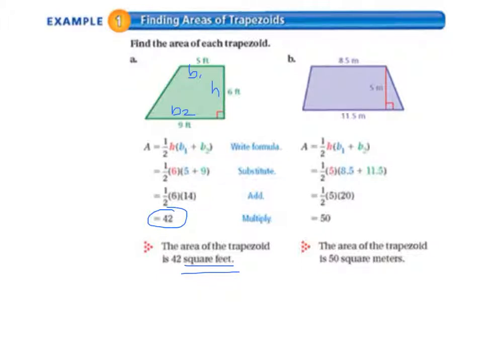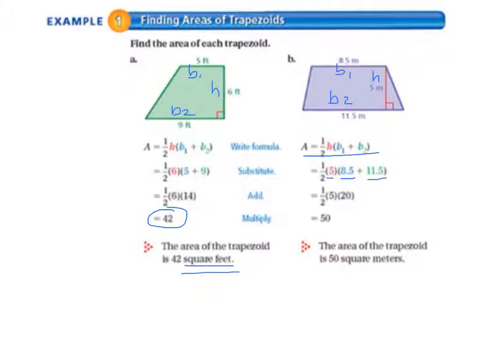Letter B, we have a base 1 of 8.5 meters, a base 2 of 11.5 meters, and a height of 5 meters. So again, we write the formula. We substitute in our values. Height is 5, base 1 is 8.5, base 2 is 11.5.